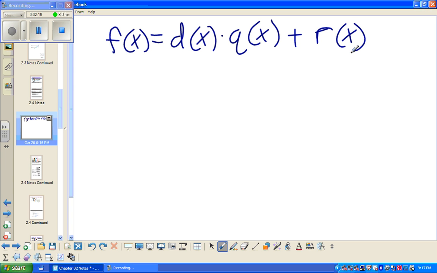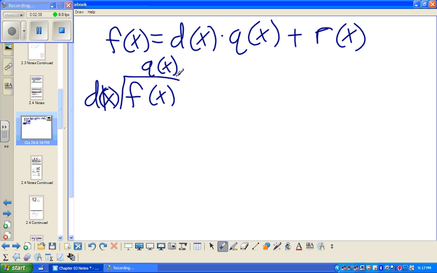So basically, we can relate this by taking f of x and dividing it by d of x. When we do that, we would get q of x up here, and then after we do all the work of long division, the remainder would be r of x. That's how these functions relate.